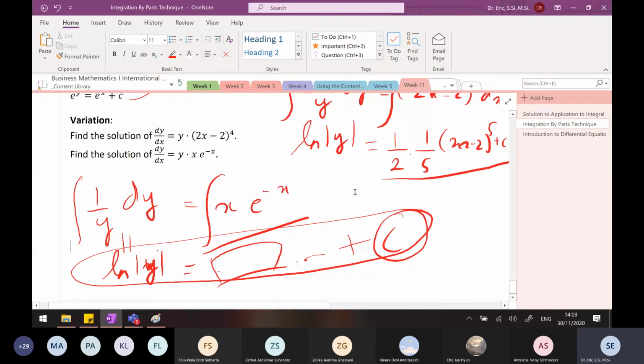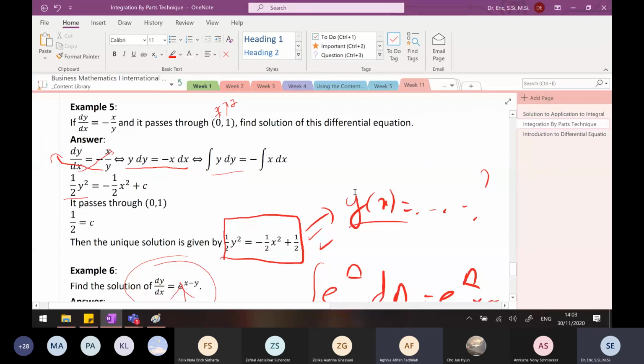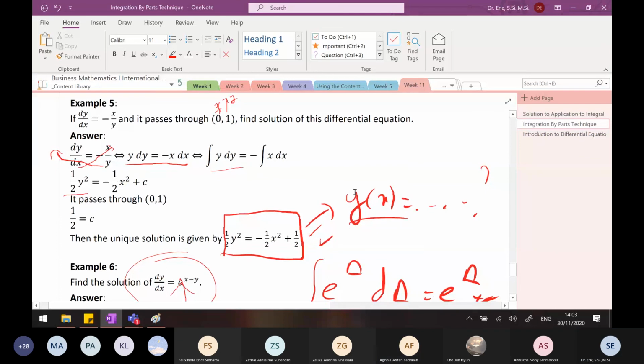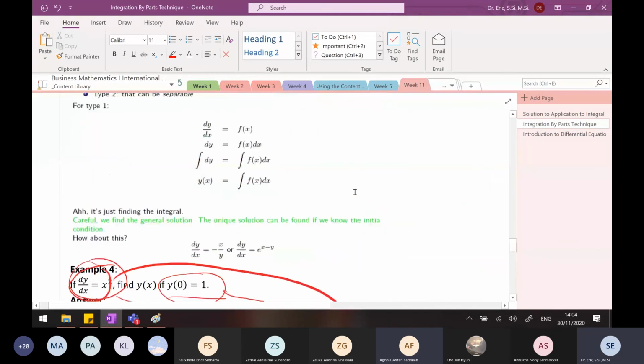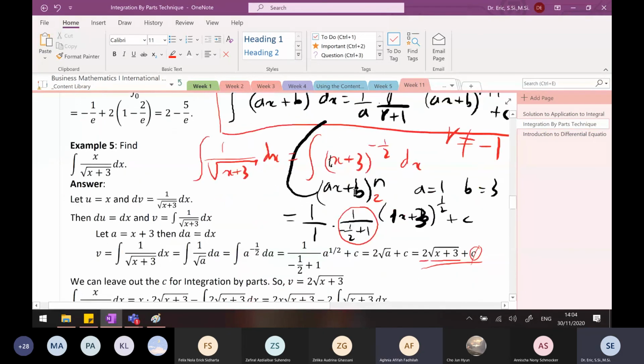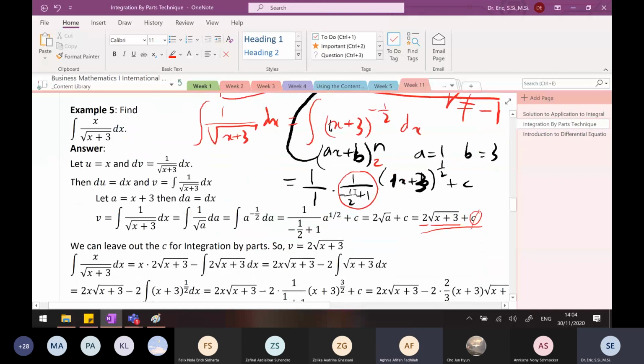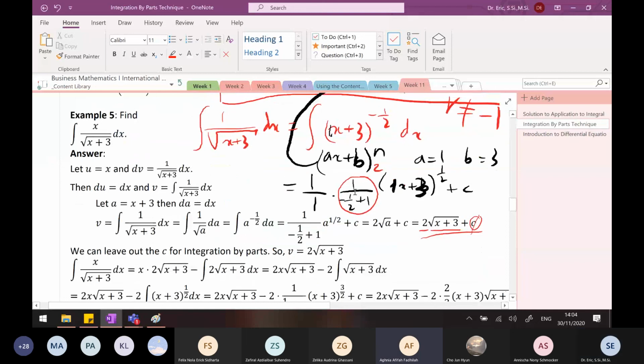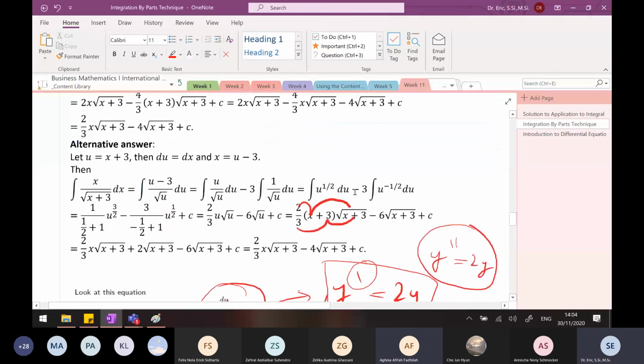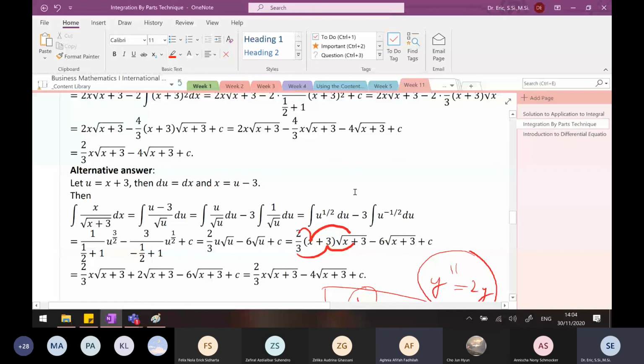Yeah, for example 5, the alternative. Example 5, this one. No, for the integration by parts, not the exact one. Yes, for the alternative answer. Yeah, for the x, I understand how x is u minus.